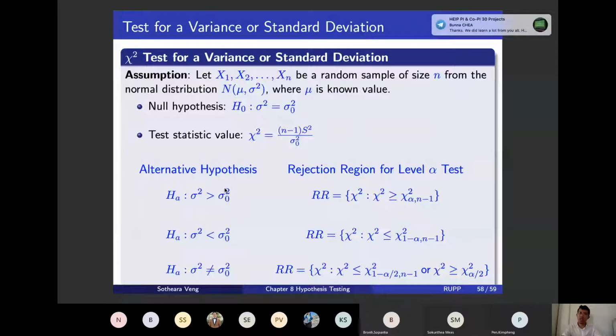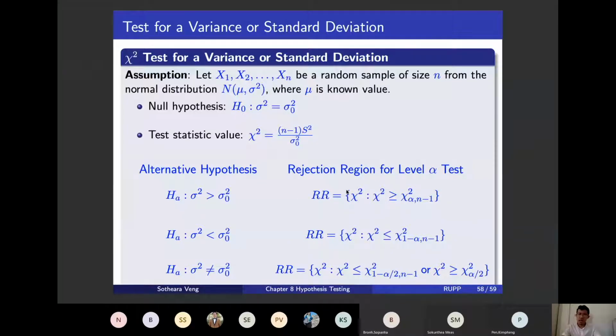You may have another hypothesis that the true value of the variance is strictly greater than this certain value, or it's strictly less than, right? These two tests are the one-tailed tests, right? Or you may have a two-tailed test, like the null hypothesis in this case is that the variance is different from the original value.